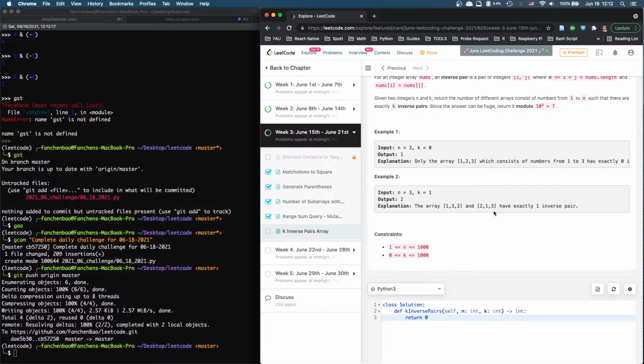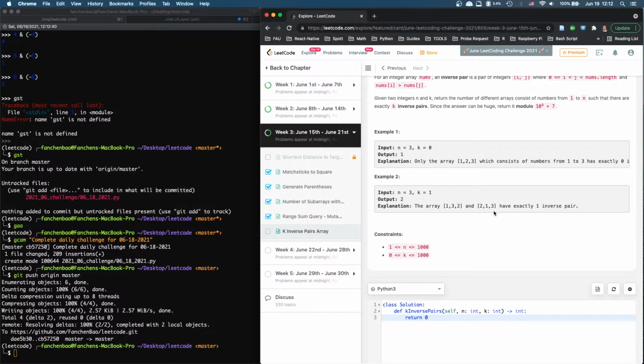So we know, let's say, n equals 3. It's going to be a 2D array, right? n is 3.